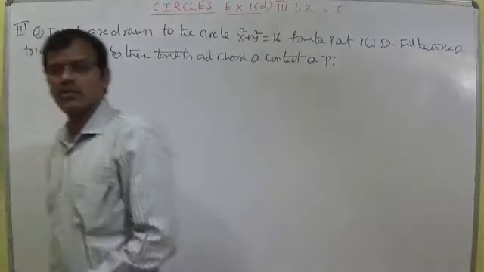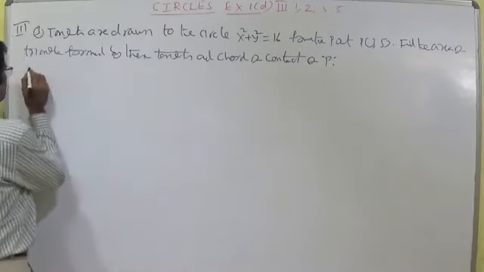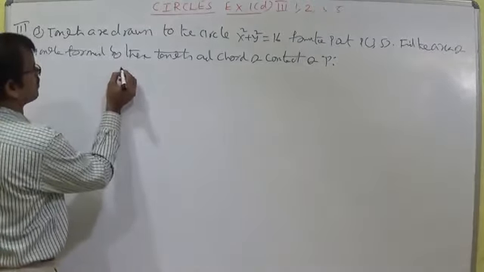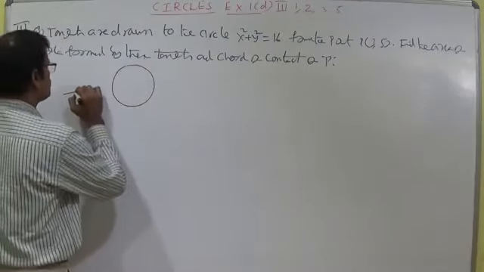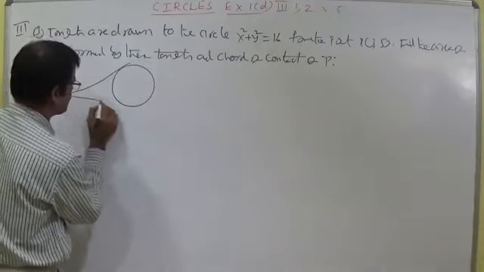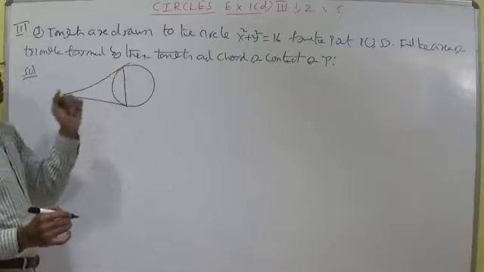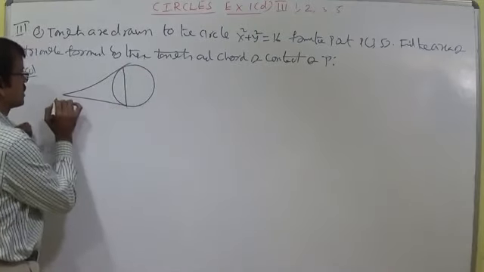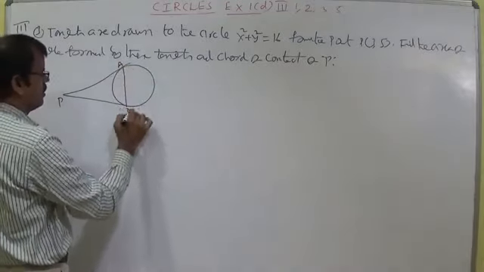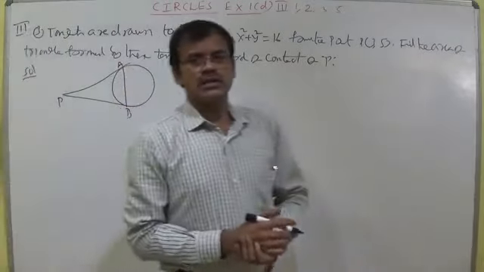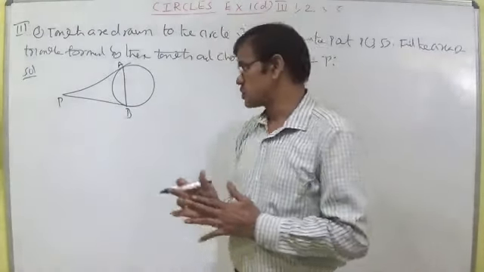I said in the example and we proved the theorem: the area of the triangle formed by two tangents drawn from an external point and the chord of contact, that is, the line joining the points of contact of both tangents, is the chord of contact. Here P we put the name, and here A and here B. We proved that the area is S11 power 3 by 2 into R by S11 plus R square.